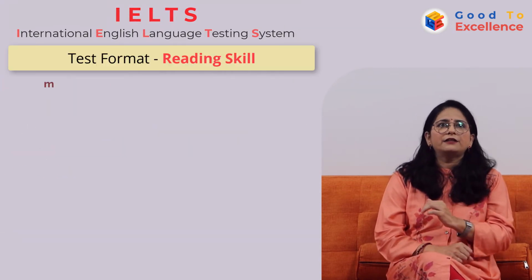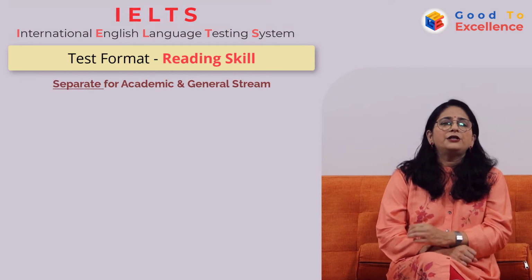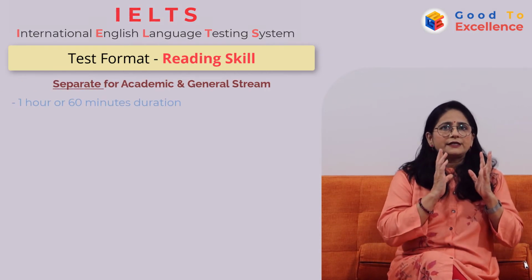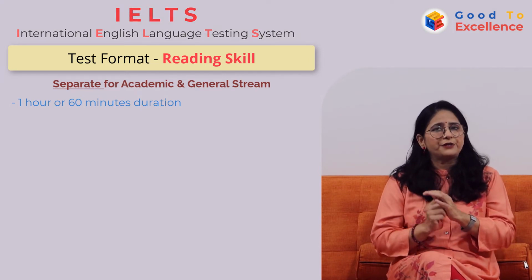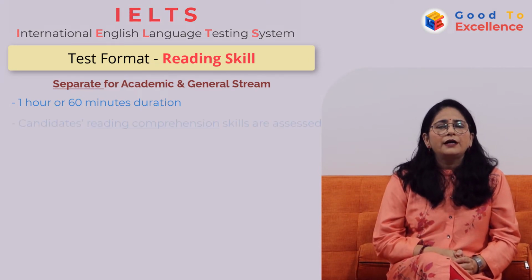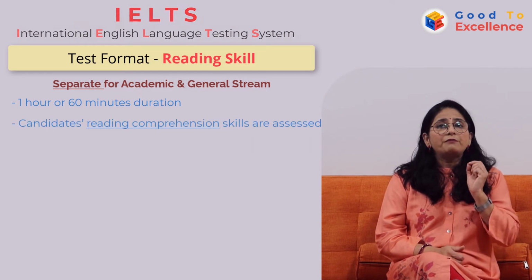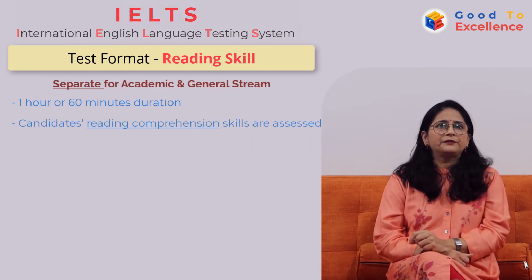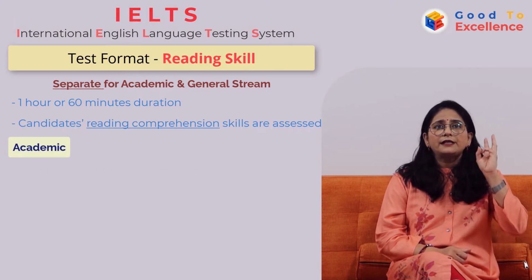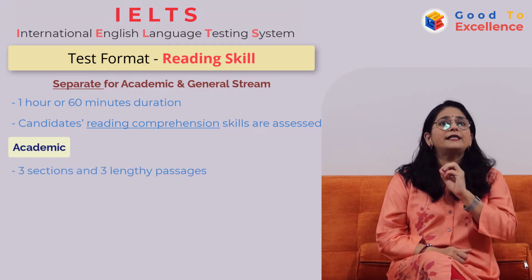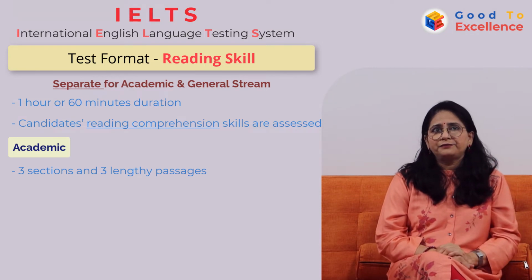Now let's check reading. Your reading section is for 60 minutes, that is 1 hour of duration. It assesses your comprehension skills. For the academic section, you get 3 sections and 3 lengthy passages.